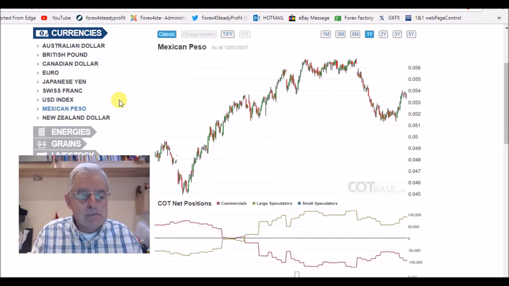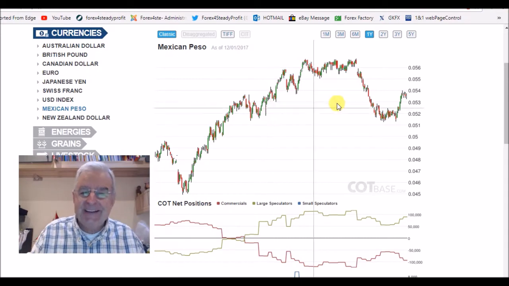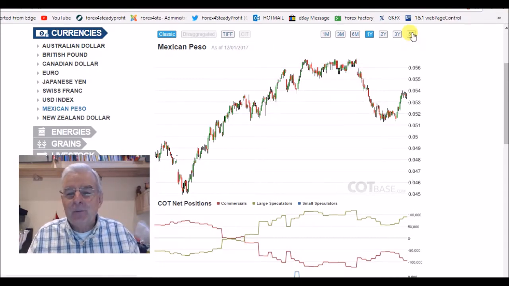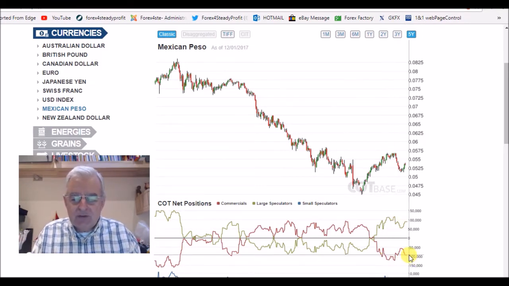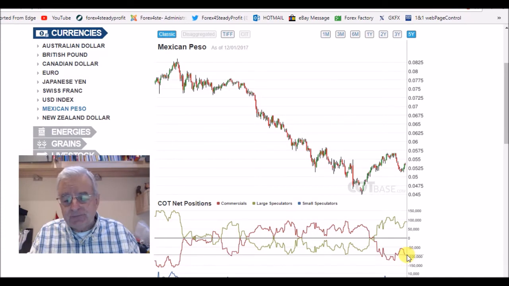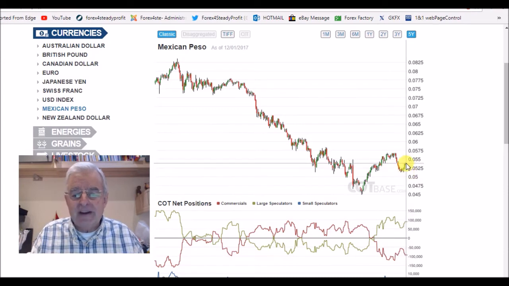Mexican peso. I still have a trade running on the Mexican peso, one trade left, and I just want to get out of that one. But the commercials are bearish of the Mexican peso against the dollar. We've seen quite a pullback over the last week or so.